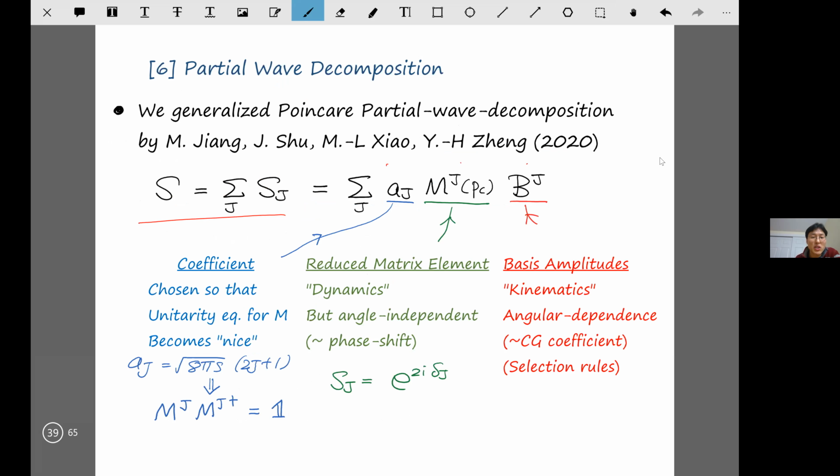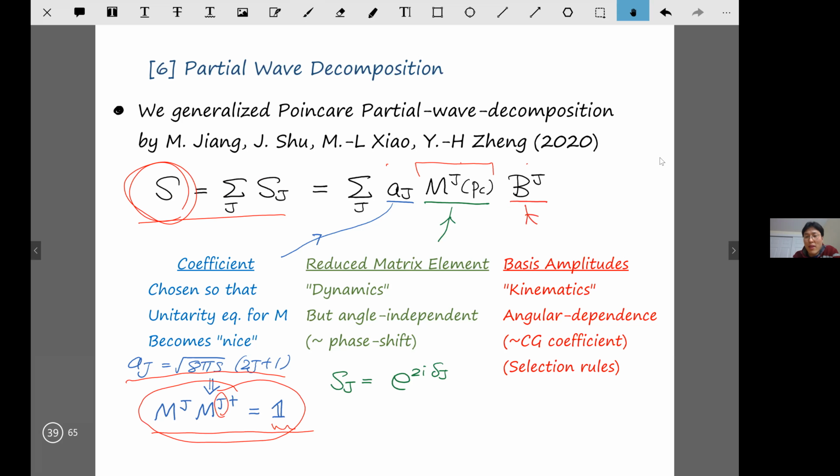First is a coefficient, and this is a matter of choice. We're going to choose this coefficient A_J such that the unitarity equation for the original S is equivalent to the unitarity equation for this M_J for each subchannel J. It's a unique choice.